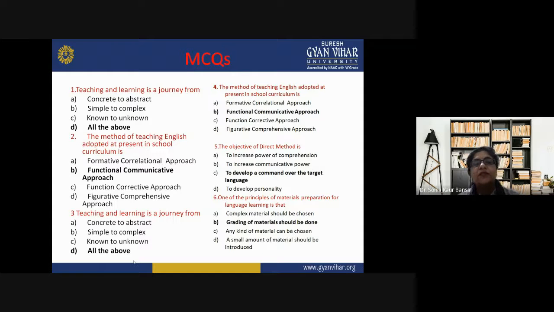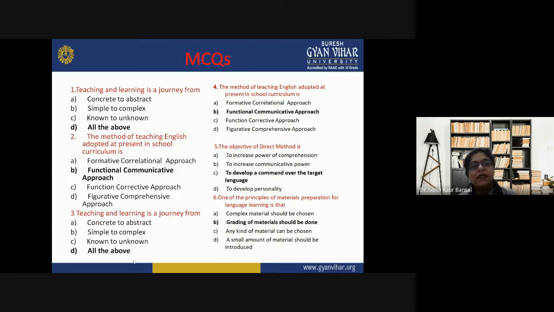Next, the method of teaching English adopted at present in the school curriculum is: formative correlation approach, functional communicative approach, function corrective approach, or figurative comprehensive approach. The correct answer of the second question is the functional communicative approach.